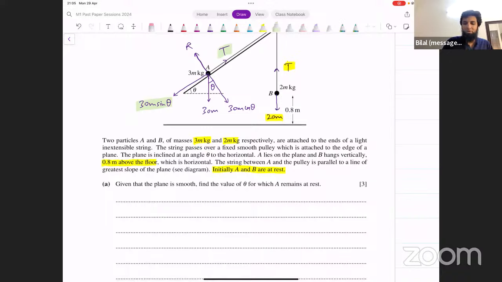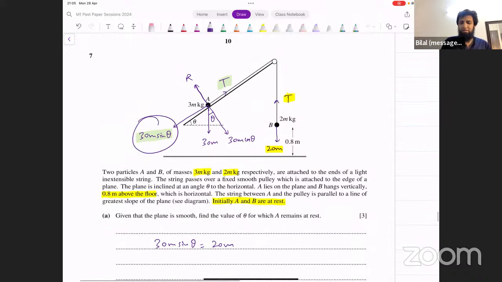So T equals both of those things. We can get an equation directly. We can say 30m sine theta should equal 20m. If we consider the whole system, we can say this value should equal this value. You can do that individually as well. You will say T equals 30m sine theta, and then from here, T equals 20m. You just equate both of them and you get this result.